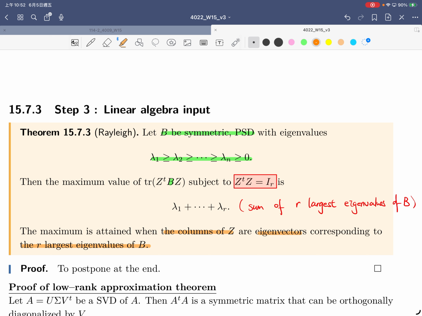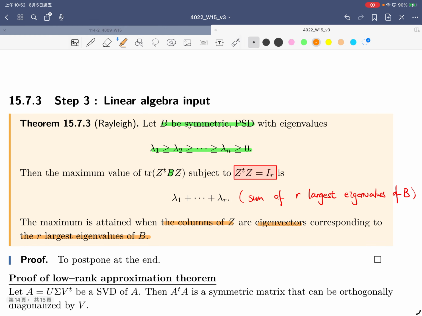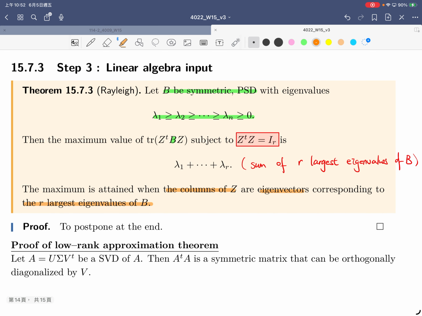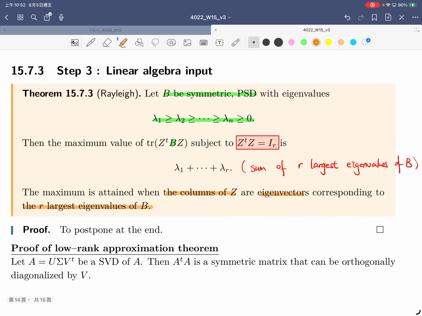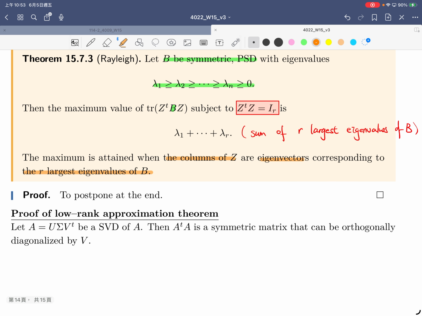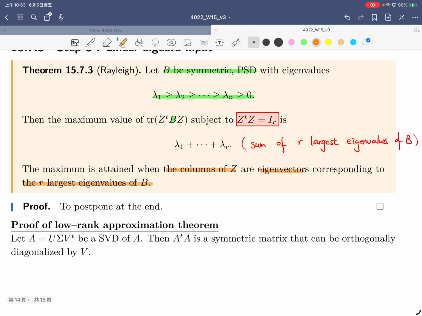It turns out we transform the original problem into a very classical problem solved by Rayleigh. The proof of this I will postpone until later, but let me use this result directly to deduce the low rank approximation theorem.